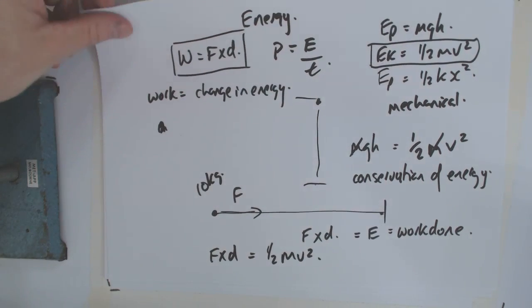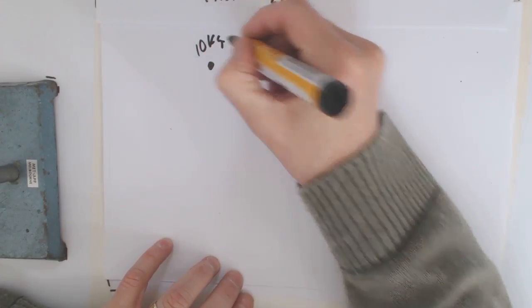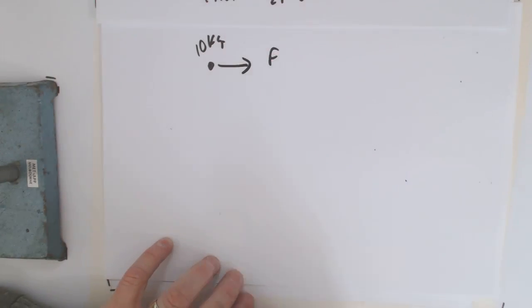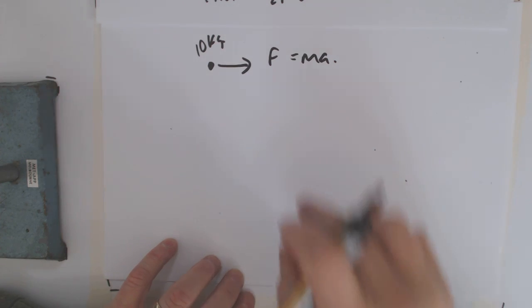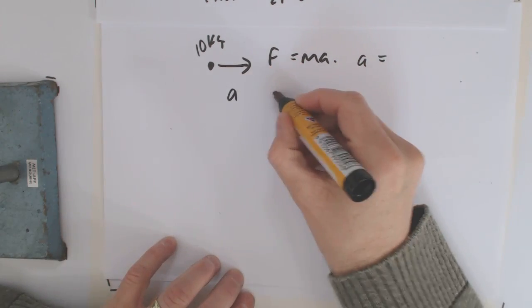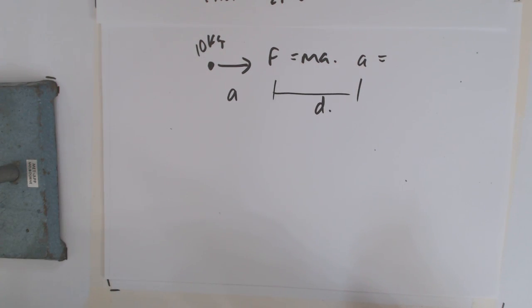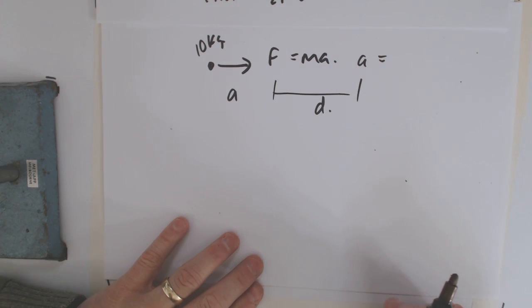Now that's simpler than doing this, where you go, okay, we've got this cannonball, 10 kgs, I've got this force acting on it. I can go force equals mass times acceleration, right? I know the mass, I know the force, I got the acceleration. Now, if this acceleration acts over this distance, I forget what I said the distance was, then I can work out, hopefully, the velocity.